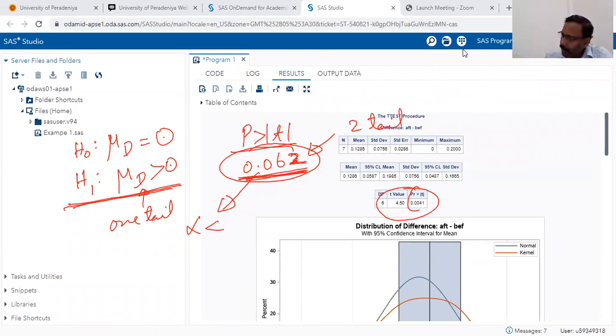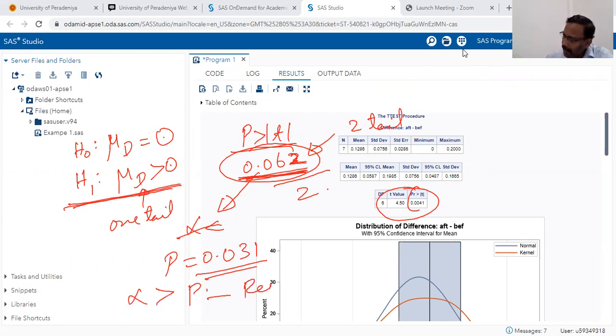So what we will have to do is divide this by 2. So now my probability value is 0.031. Now, what you can say, alpha is greater than the p value, so we reject our null hypothesis. So we'll have to be very careful with playing around with these probability values. It depends on whether it is 1 tail or 2 tail.